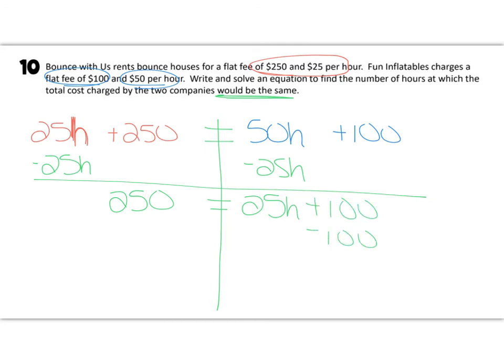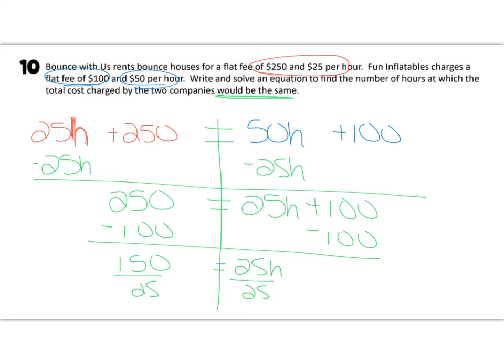So I'm going to subtract 100 from both sides. And I get 25H equals 250 minus 100, which is 150. I'm going to divide both sides by 25. And I get H equals, I think that's going to be 6. So in 6 hours is when they have the same cost.